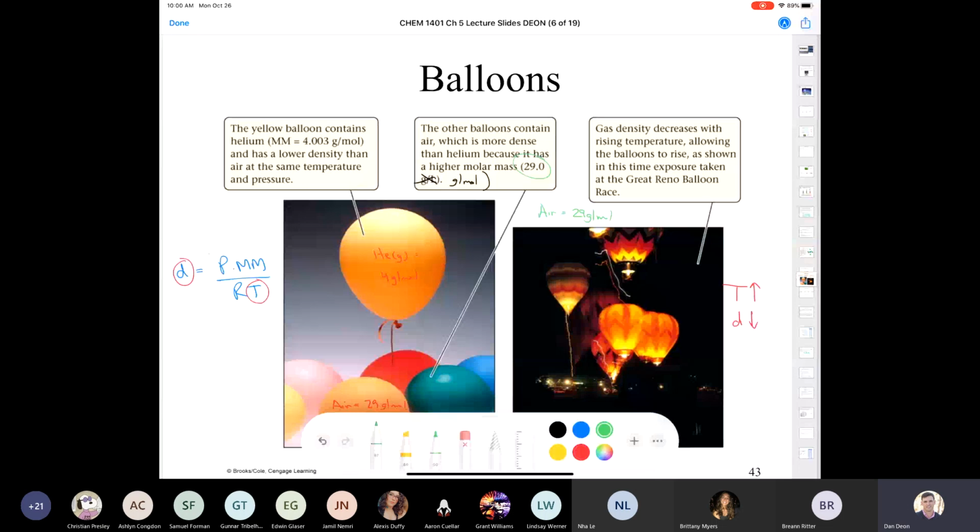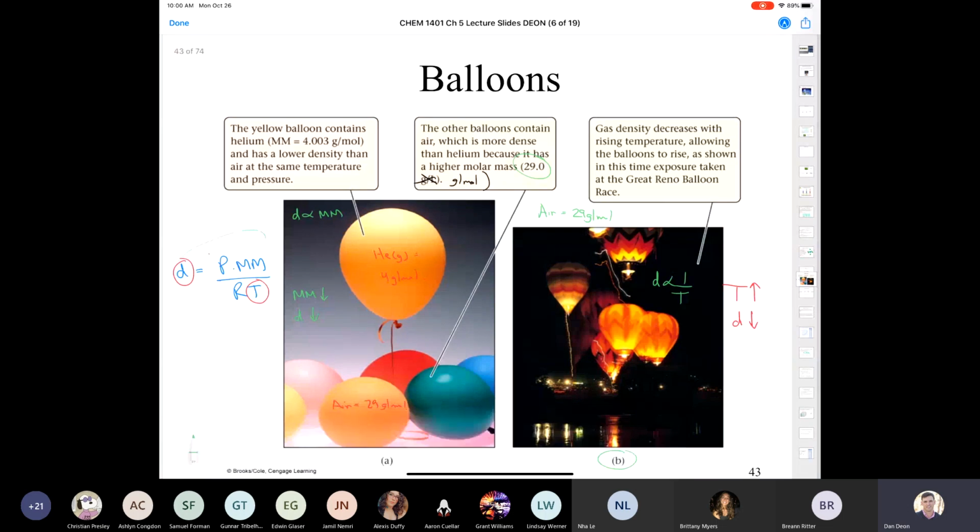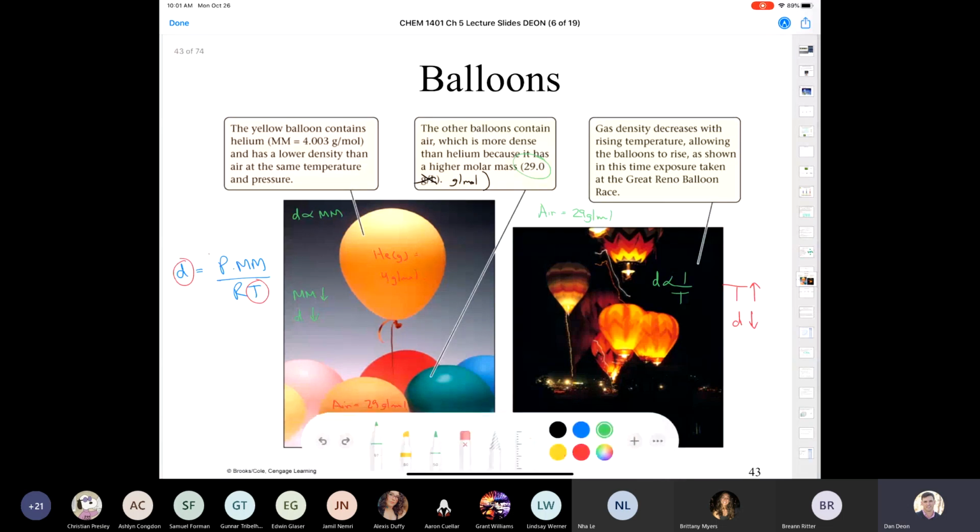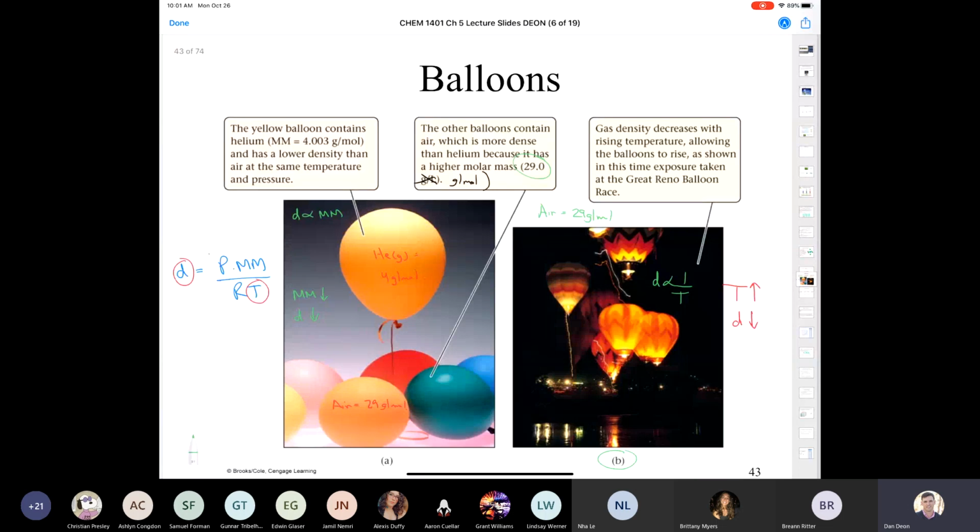As molar mass goes down, density also goes down, because they're directly proportional. We can put it here: density directly proportional to molar mass, and density inversely proportional to temperature. This slide is really nothing more than qualitative analysis of this equation. But give me a thumbs up if you follow me, or let me know if you have any questions.